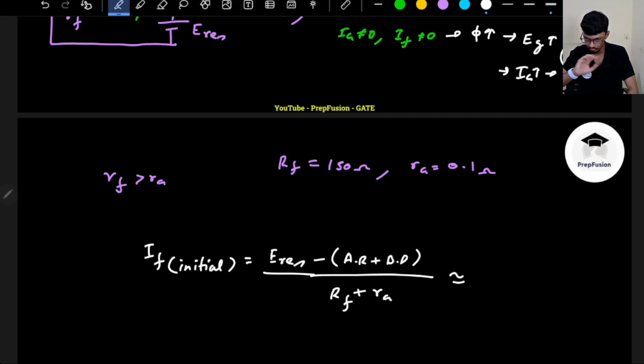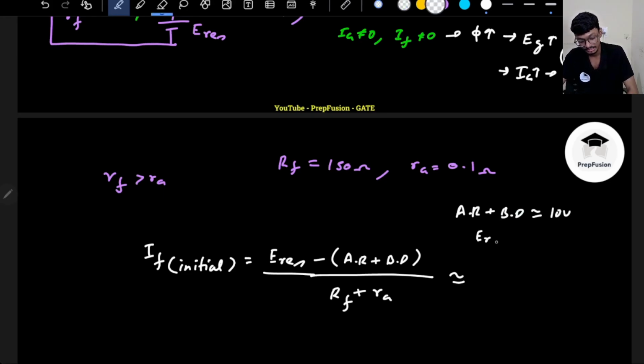Armature reaction and brush drop will not be very high. If I assume it will be roughly like 10 volts, and let's assume E residual, let's not assume it very high, let me keep these values, otherwise you will get confused.